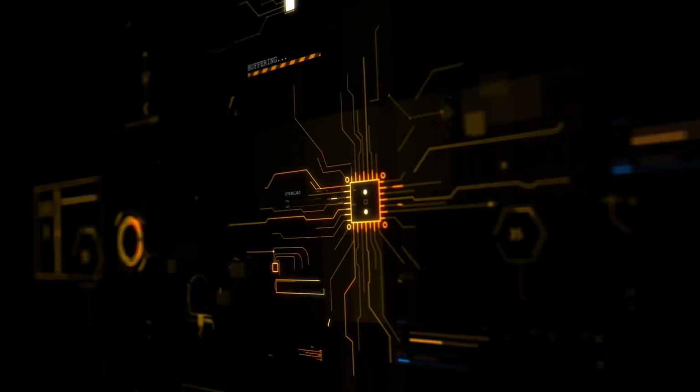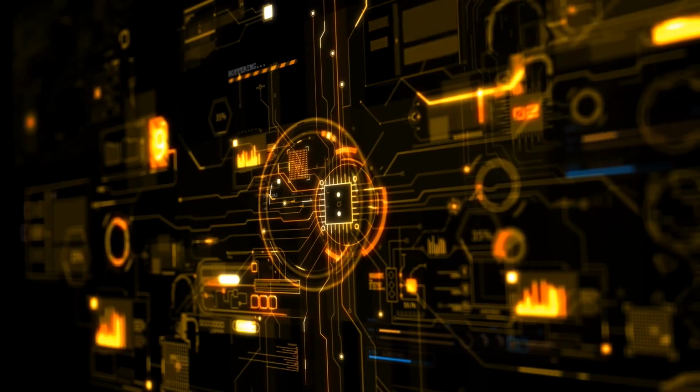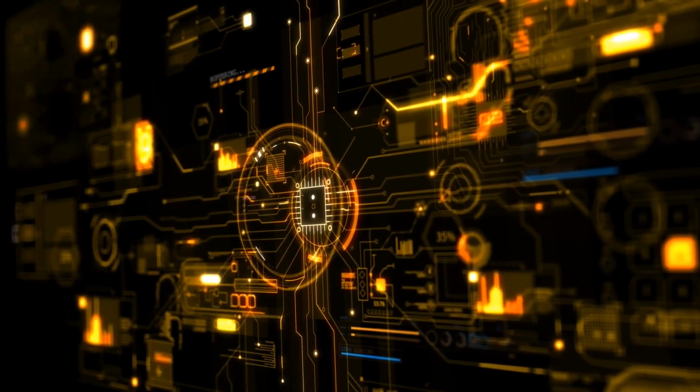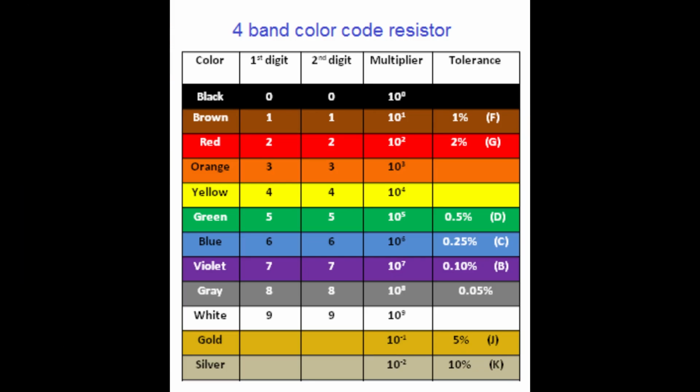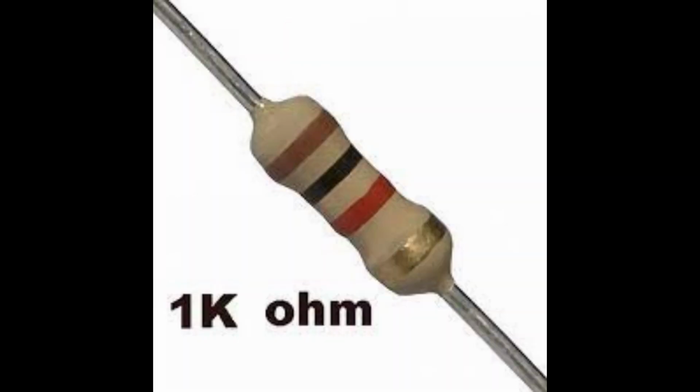No resistor is made to perfection, and the different manufacturing processes will result in better or worse tolerances. For example, a 1 kilo ohm resistor with a 5% tolerance could actually be anywhere between 0.95 kilo ohms and 1.05 kilo ohms. How do you tell which band is first and last? The last tolerance band is often clearly separated from the value bands, and usually it will be either silver or gold.